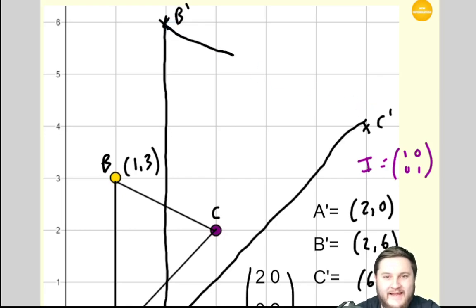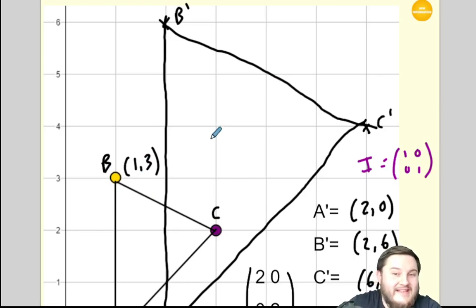We're going to talk about why that is a little bit later, but for now, we just need to be satisfied with the idea that that is how we do a transformation. We just multiply a matrix by a coordinate and we get the image. And in this case, not a coincidence, every coordinate is 2 times bigger than the original. So we have a shape that is 2 times bigger than its original shape. Okay, let's move on then.